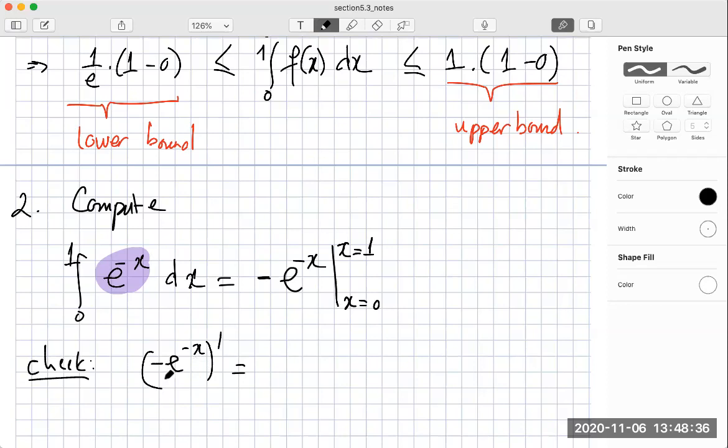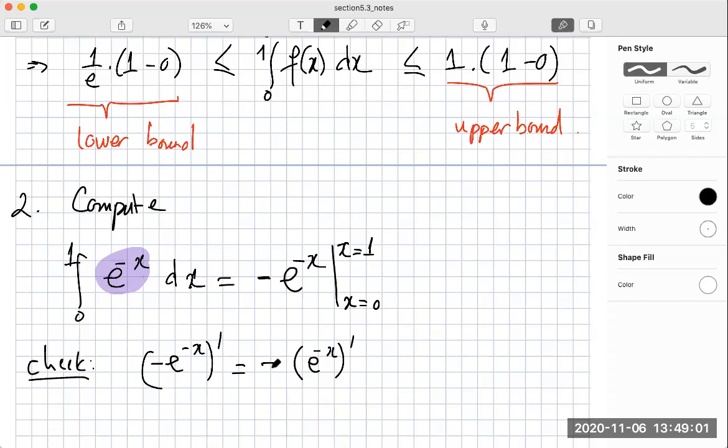What is the derivative of negative e to the negative x? So first, the negative sign is a constant, so we take it out of the derivative.